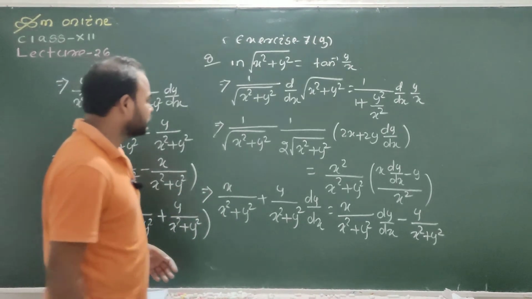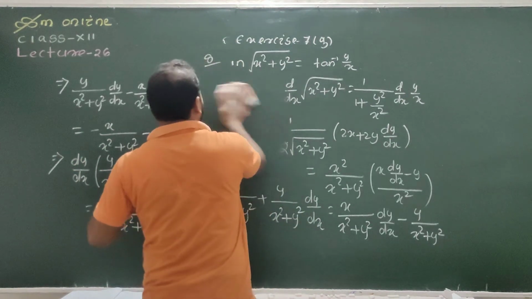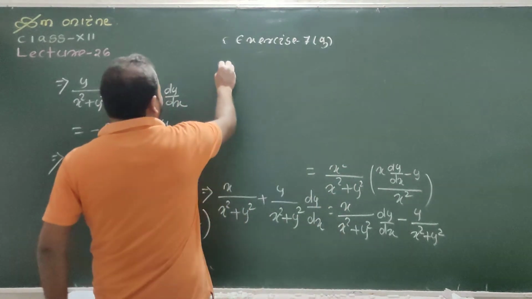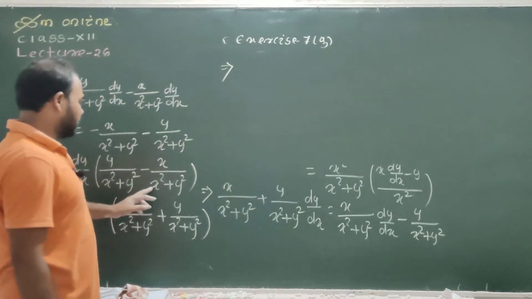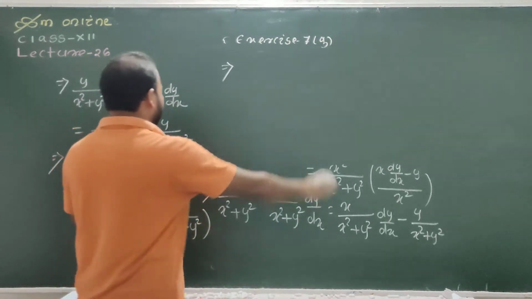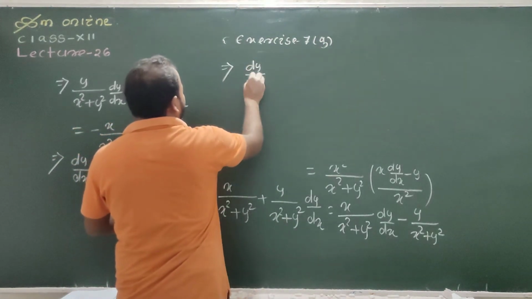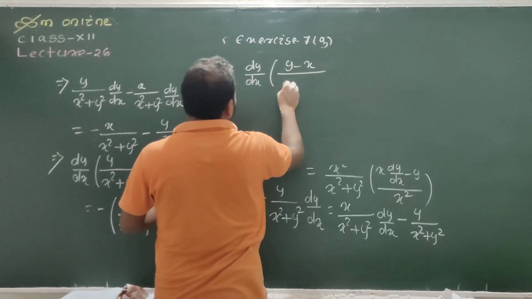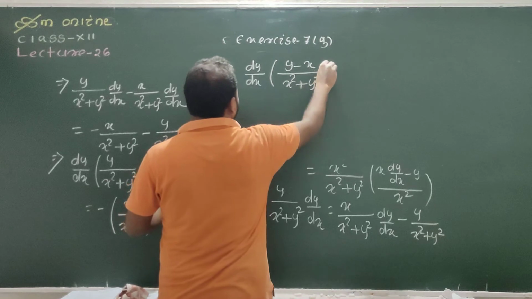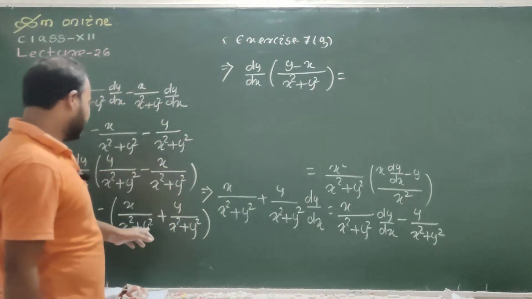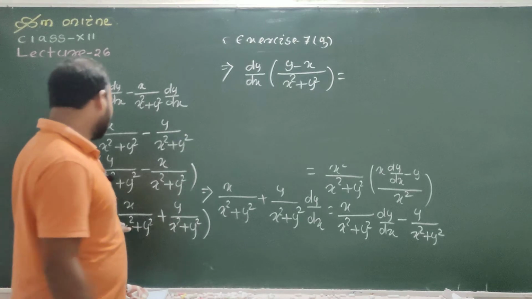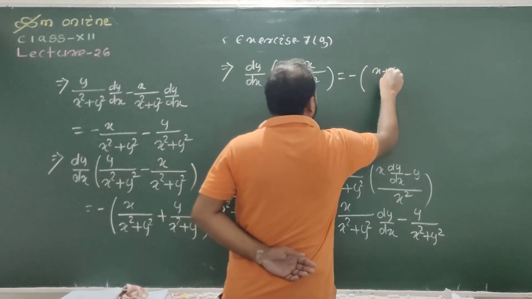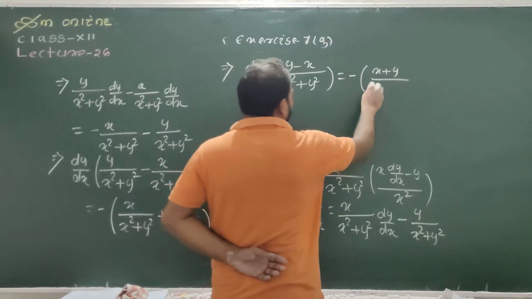In the next step, taking the LCM on both the left hand side and right hand side, this implies that dy by dx into y minus x upon x square plus y square, and on the right hand side, taking LCM again, it is minus of x plus y upon x square plus y square.